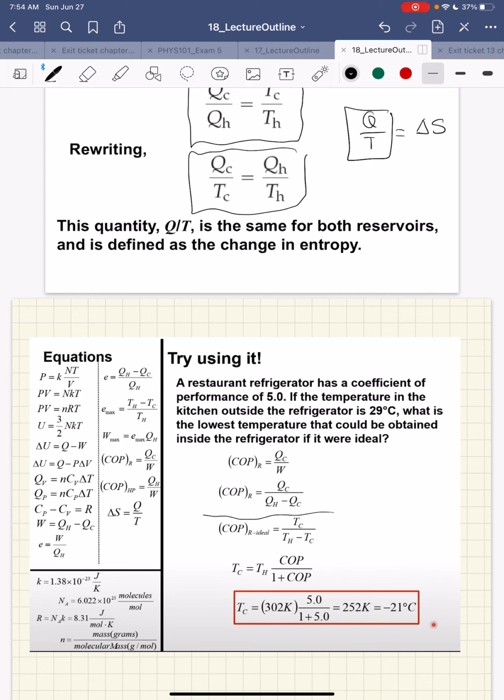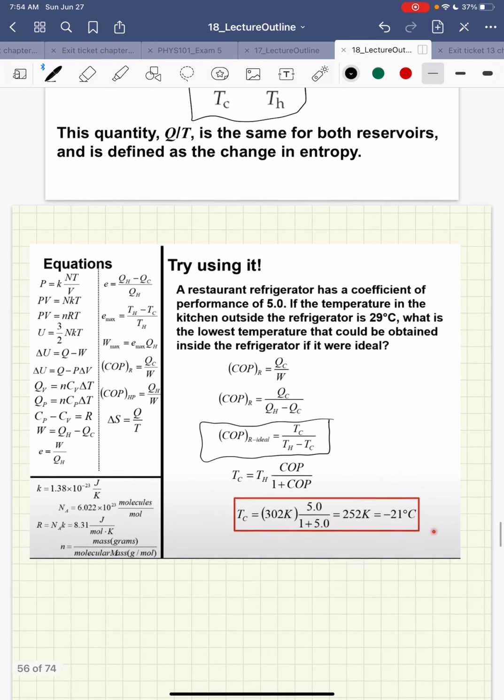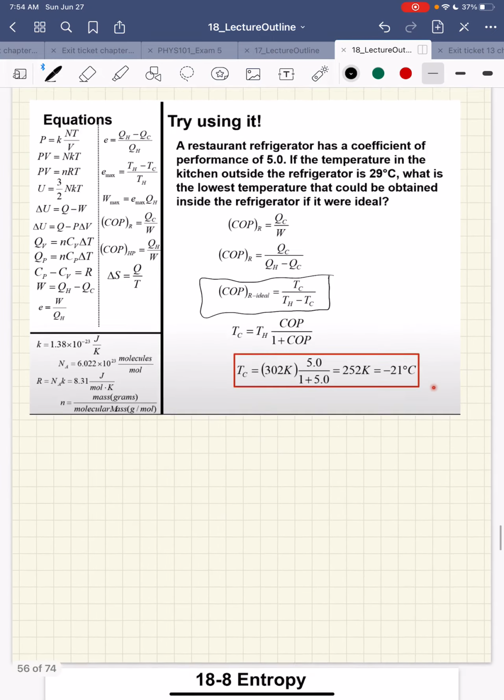If we go to ideal, it's going to be in terms of temperatures. Then I can rearrange and have my TC. Remember again to convert your 29 degrees Celsius into Kelvins. Then the lowest temperature is going to be negative 21 degrees Celsius.